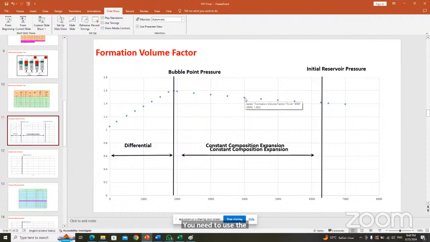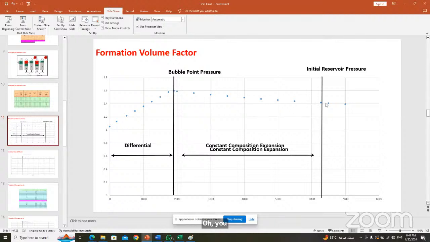Basically, having a Bo of 1.49 means that when you count a single barrel of oil in your stock tank, if the initial pressure was 4,000 psi, the volume in the reservoir is 1.49 barrels.